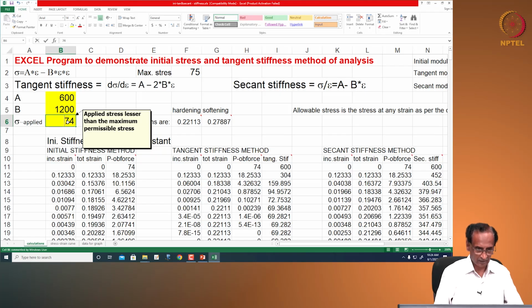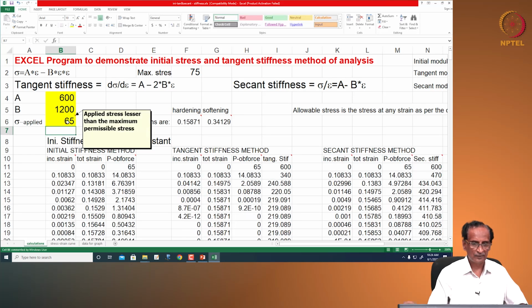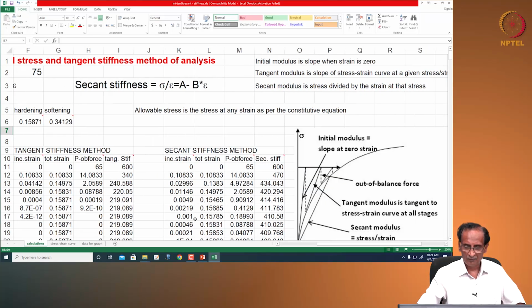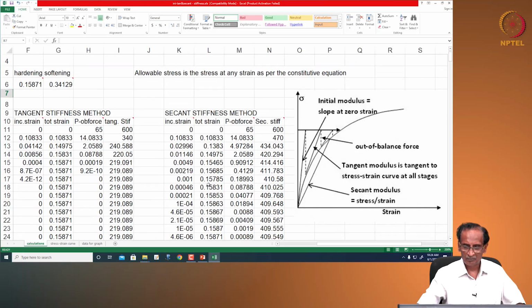Okay, and let me just get back to 65, and let us see what happens with the secant stiffness method.